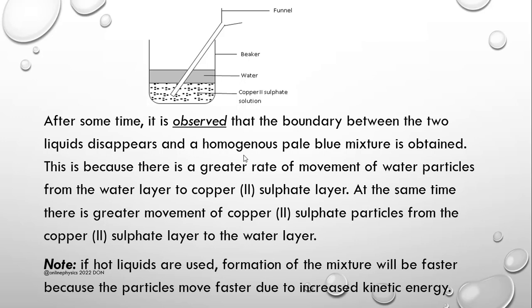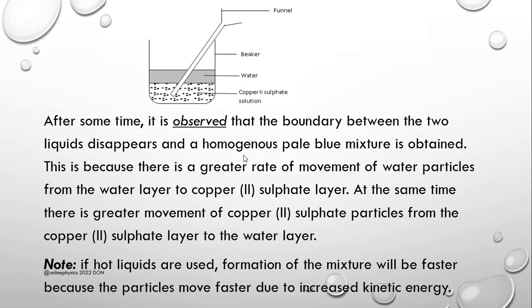This is because there is a greater rate of movement of water particles from the water layer to the copper 2 sulfate layer. At the same time, there is greater movement of copper 2 sulfate particles from the copper 2 sulfate layer to the water layer.